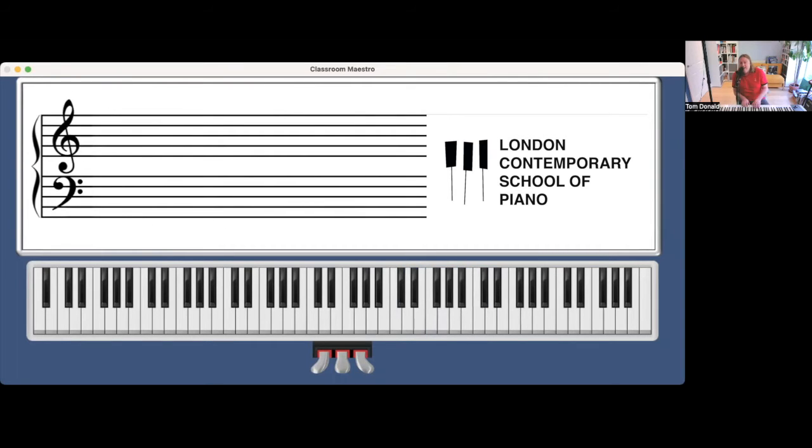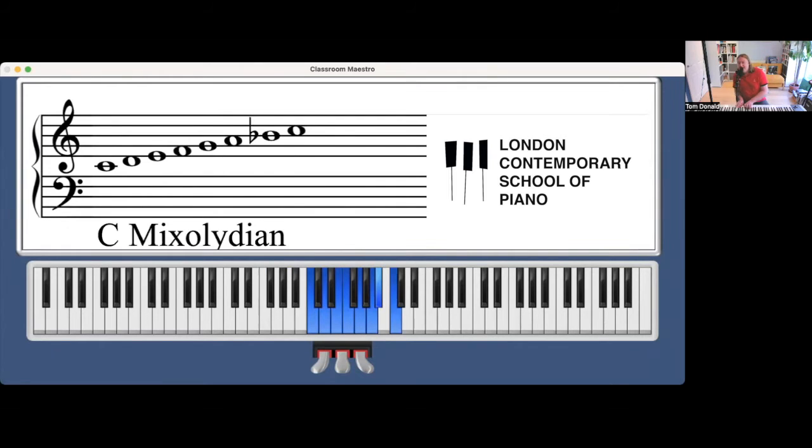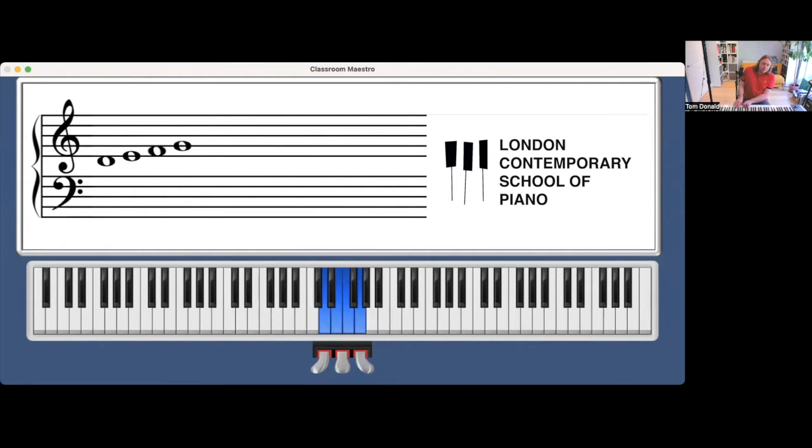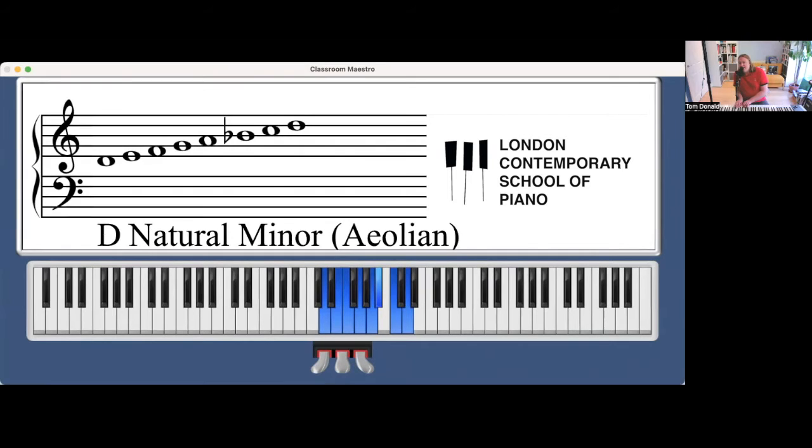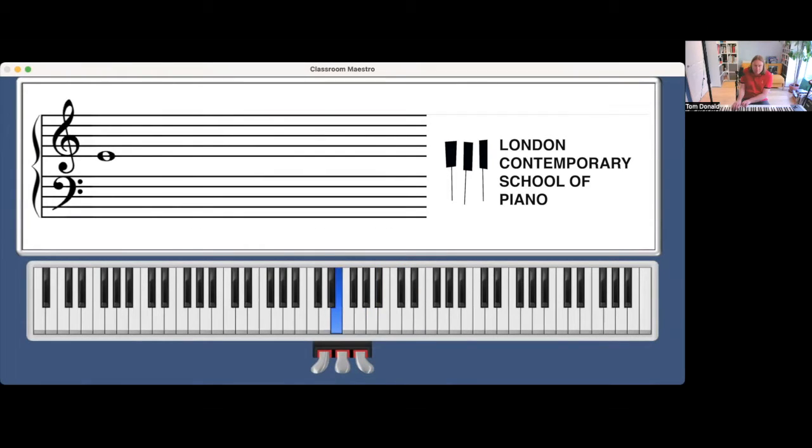And I could do this in other keys like, let's say, F major. So here's our F major scale, our G Dorian mode, our A Phrygian mode, our B flat Lydian mode, C Mixolydian, D natural minor or D Aeolian, E Locrian, and so forth.